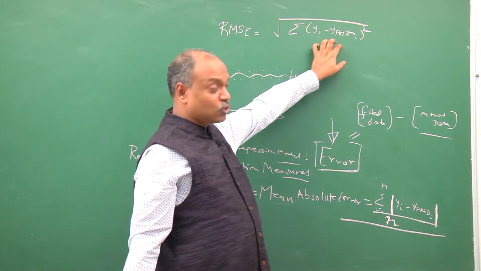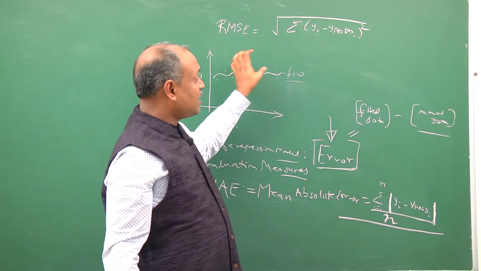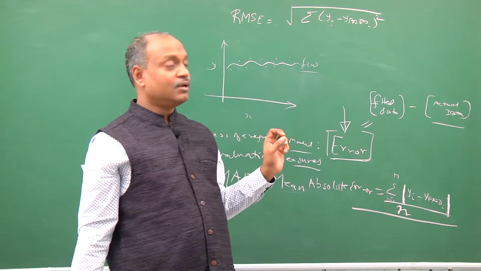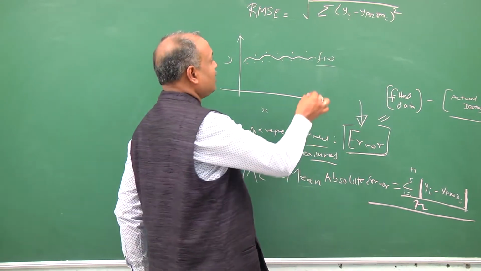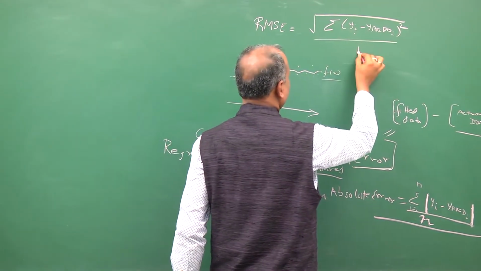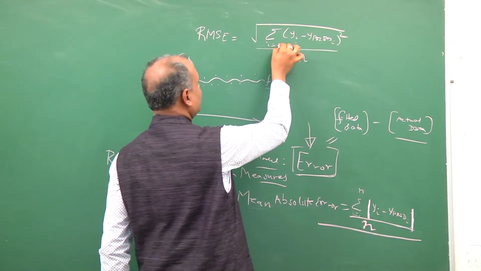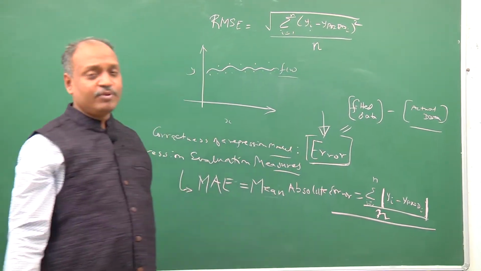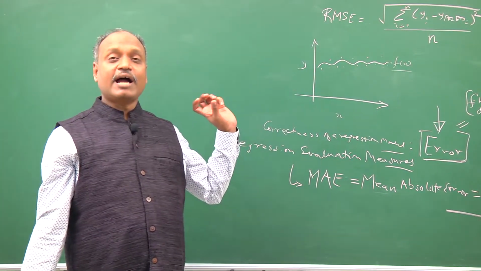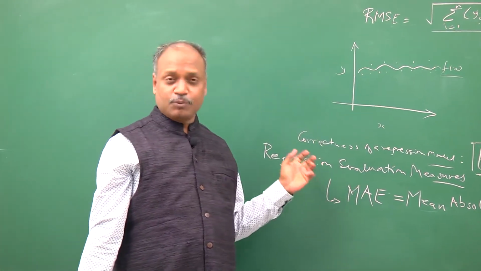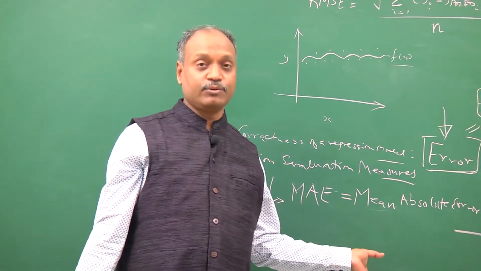So the sum of the squares of the gap between y pred i and yi, you sum it over, that becomes what is called the sum of squared errors, and then you divide it by n. That becomes mean squared error. The advantage of mean squared error is that it is independent of the direction, and it is supposedly a more moderate prescription of the error as compared to mean absolute error.